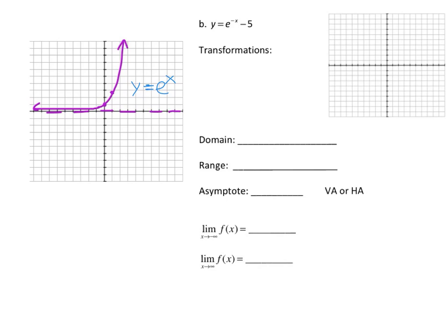In this next example, we have a little negative sign by the x, so that's going to be a horizontal reflection, which is over the y-axis. And it's shifting down 5 because we have a -5 on the outside.